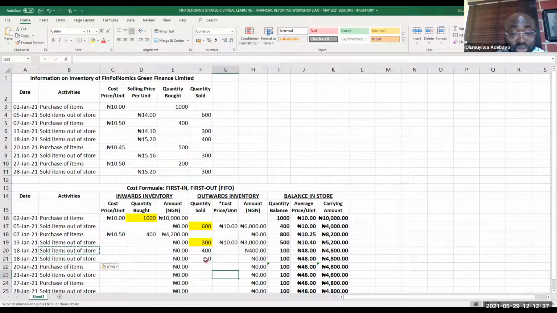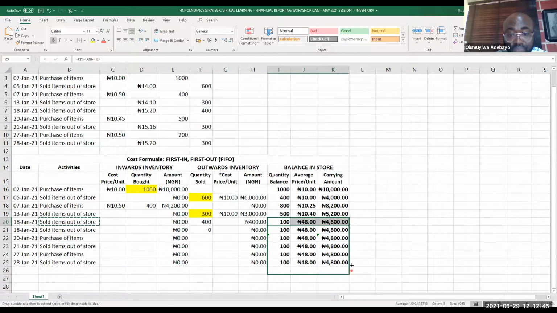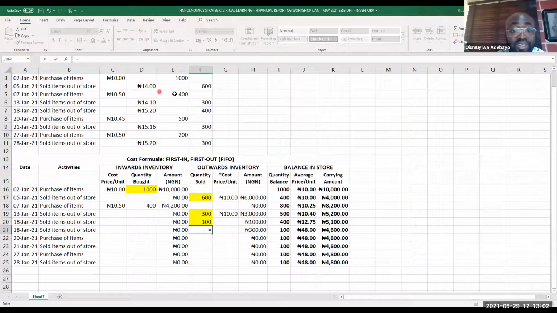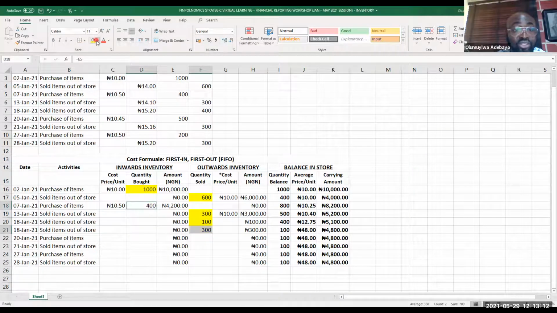What I can simply do is to say that this 400 is broken down into 100 and 300. The 100 is what is left from this 1,000, and 300 is the difference between what was sold out and the 100 of the first batch. Therefore, I can link this in color to say this 300 is out of these items.